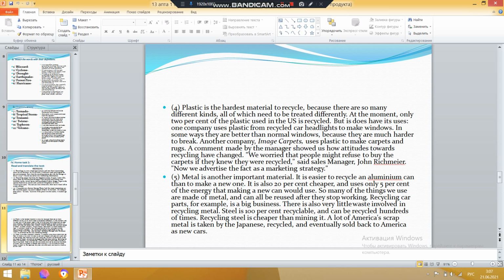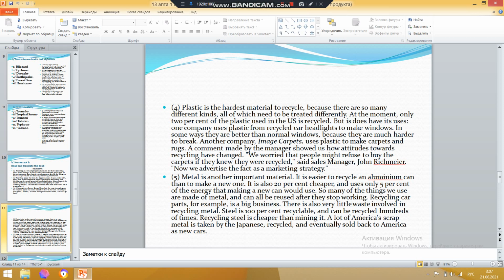Metal is another important material. It is easier to recycle an aluminum can than to make a new one. It is also 20% cheaper and uses only 5% of the energy that making a new can would use. So many of the things we use are made of metals and we can also reuse them after they stop working.